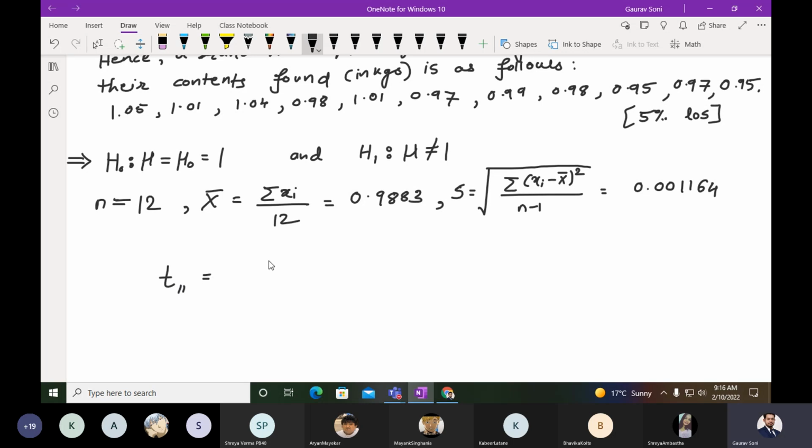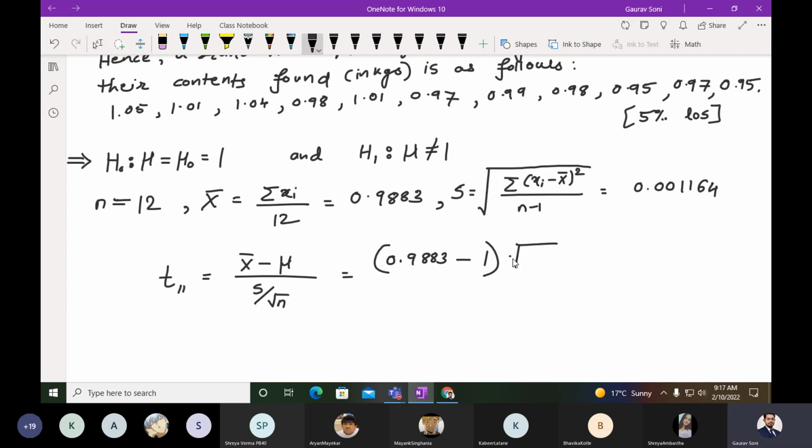What is the formula? The formula is x bar minus mu divided by s upon under root n. Let's put the values. X bar is 0.9883 minus mu, which is 1, into this root n in the numerator.